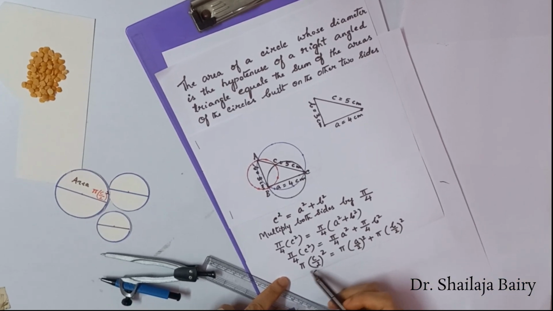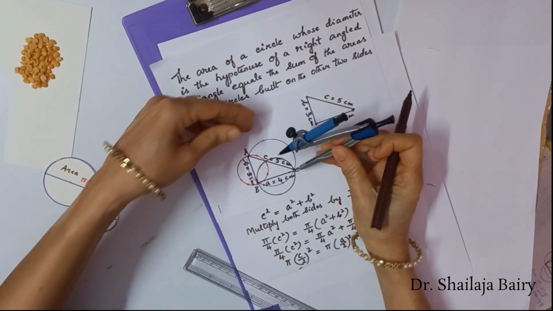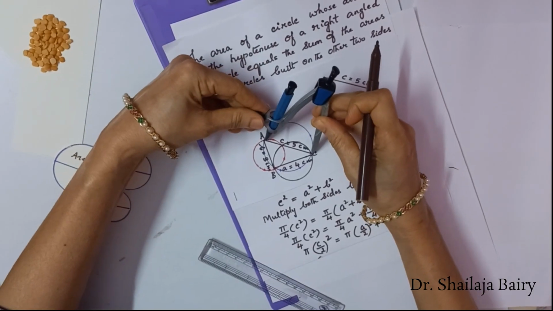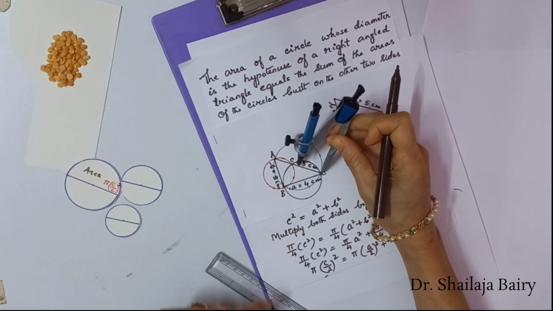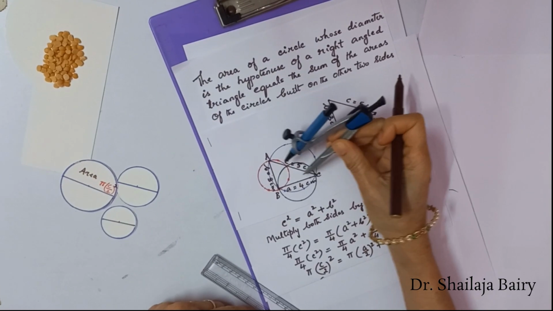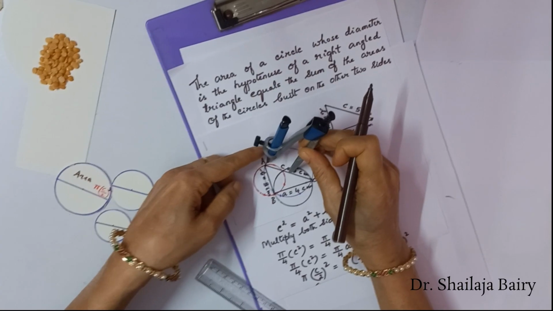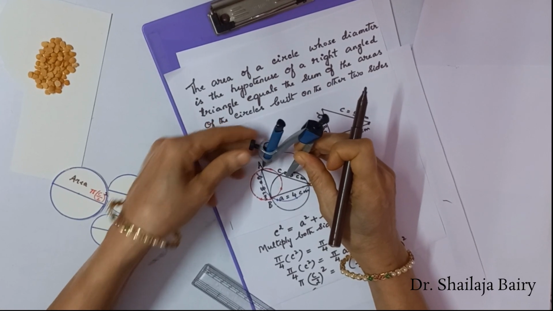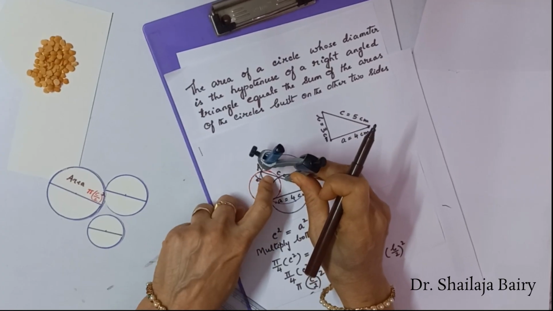What is this pi into c by 2 whole square? C is this, the hypotenuse, and c by 2 is its radius. So we have drawn the circle on the hypotenuse as the diameter, with c by 2 as radius.